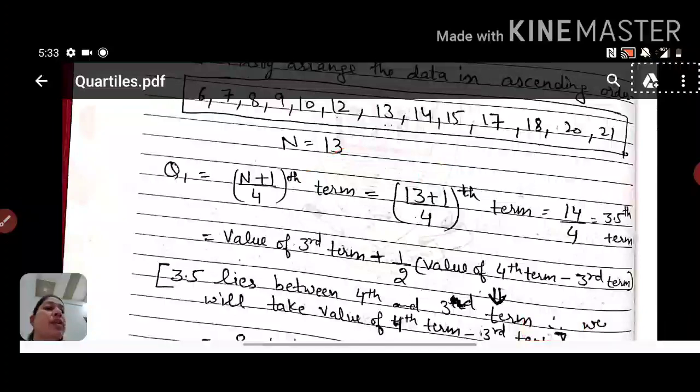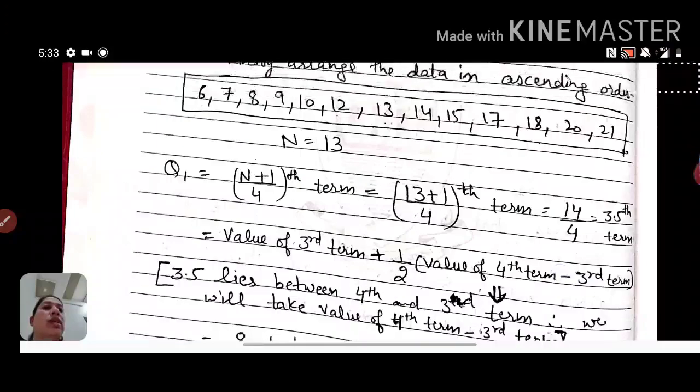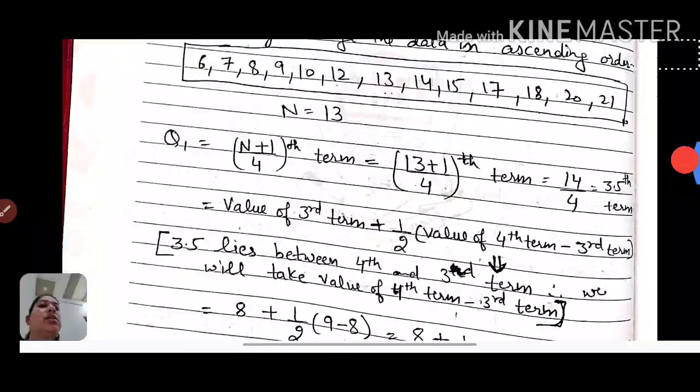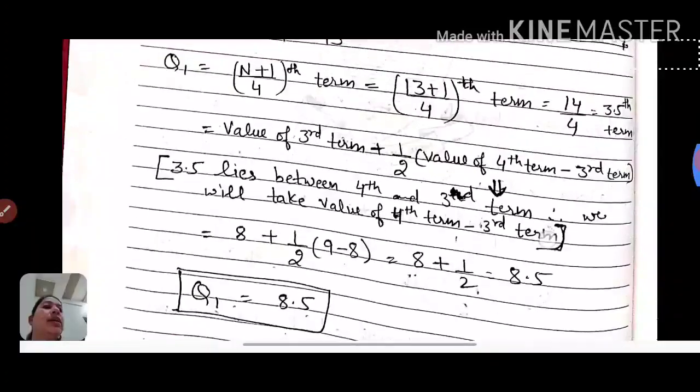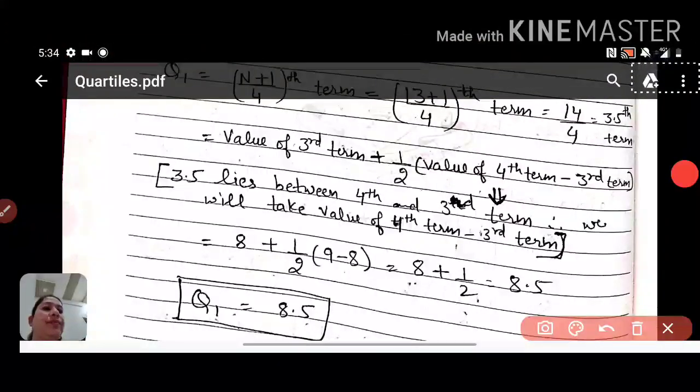Here you can see that the third term, counting 1, 2, 3, is 8. So I have written 8 here. Now in the data the fourth term is 9 and 8 is the third term, so you have to take the difference between these two.